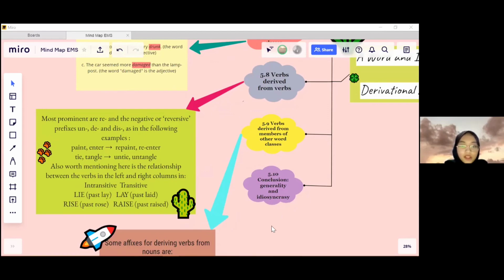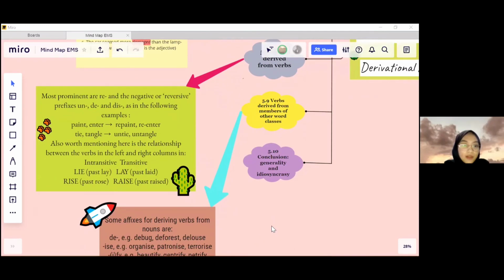So there's an example. Most prominent are re- and the negative or reversive prefixes un-, de-, and dis-, as in the following examples. Paint, enter, become repaint and re-enter. Tie, tangle, become untie, untangle.